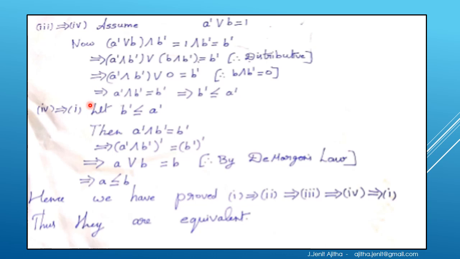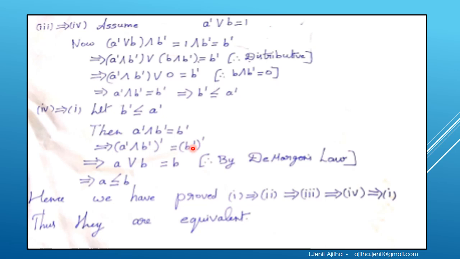Now the last part of the theorem, that is we are going to prove condition 4 implies condition 1. Let B complement be related to A complement. Then A complement meet B complement is equal to B complement, because the lower bound is B complement.